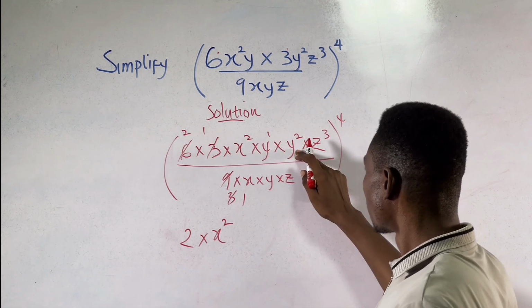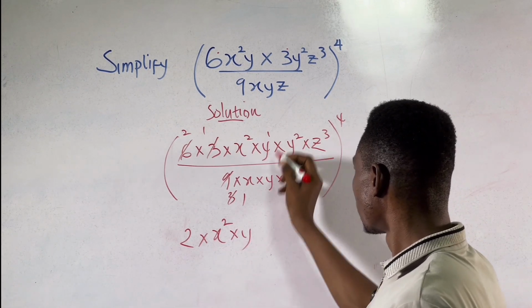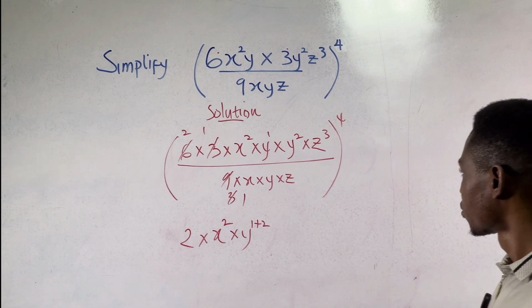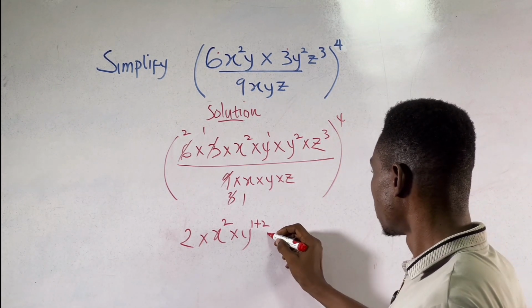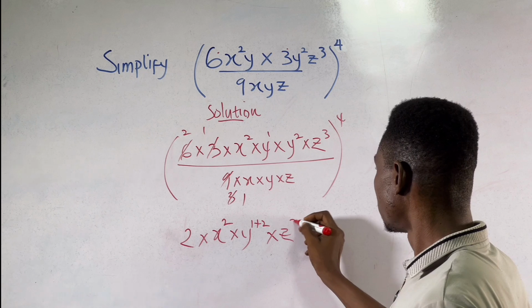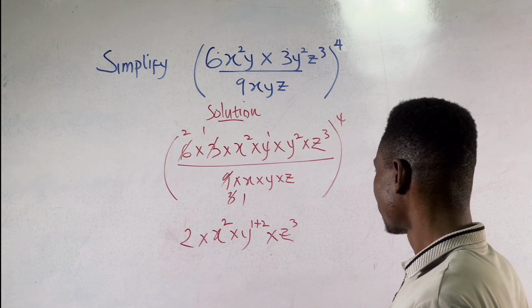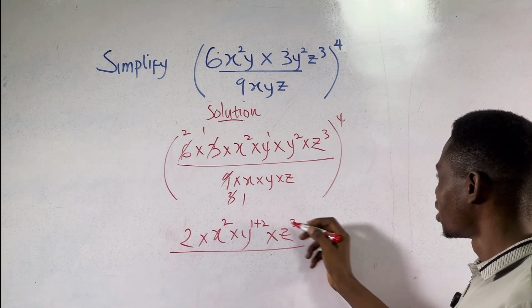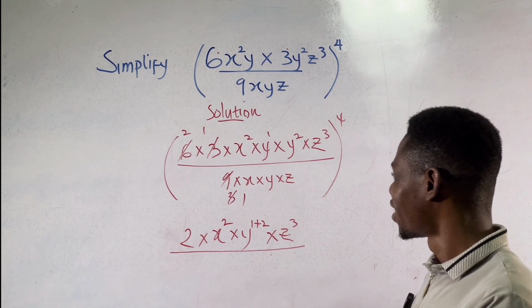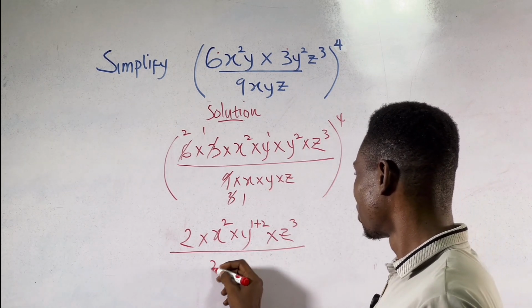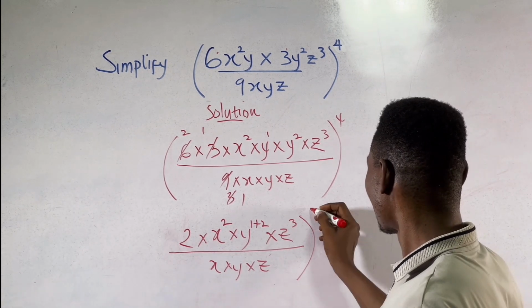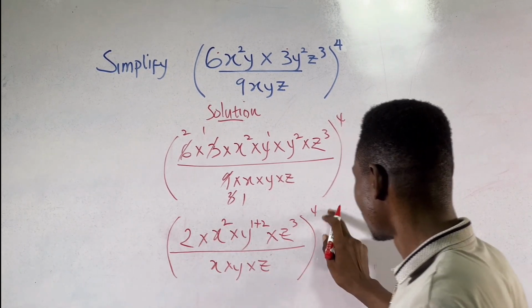So y and y, we'll have 1 plus 2. Then we'll have a single z there, so times z cubed. All over, don't mind my funny z. Alright, so down here we have just x, y, z, all raised to power 4. We mustn't forget this 4.